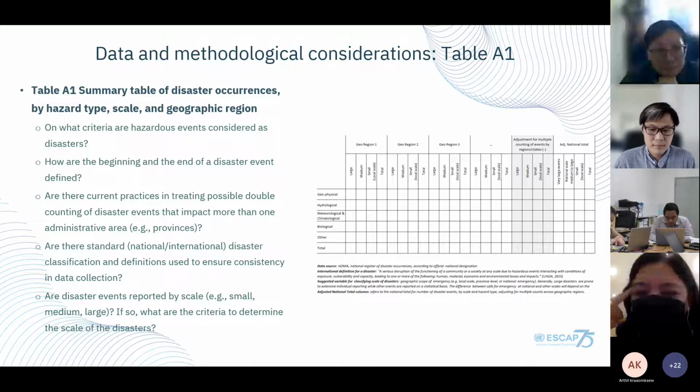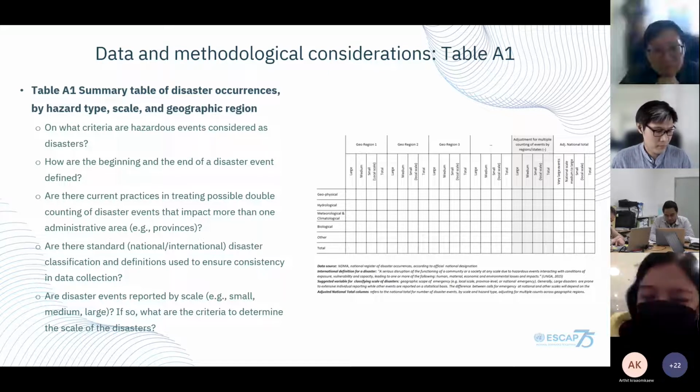We have tiering, like tier 1, tier 2, tier 3. And we saw that those important indicators that we need to develop for the policymakers, for the users of disasters, are identified as tier 2 or tier 3.